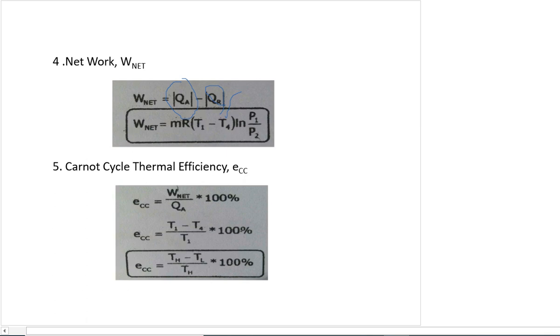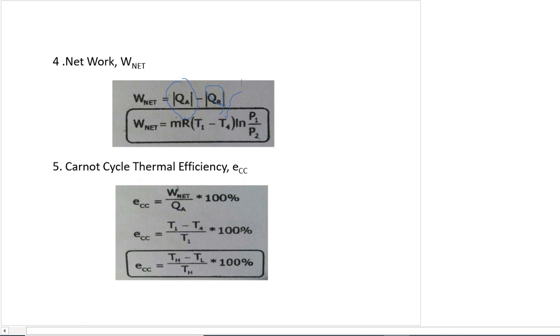Ito na sa efficiency. Sa efficiency naman, work net over QA, always yan. From the general formula of efficiency is equal to work net or the useful work over the total heat input times 100 to be in percent basis.